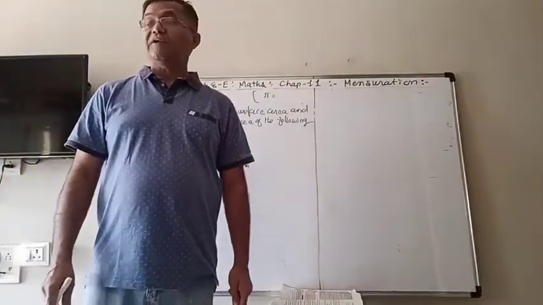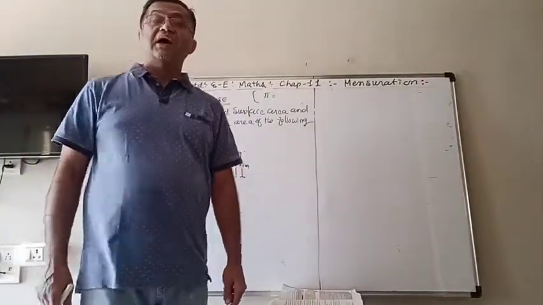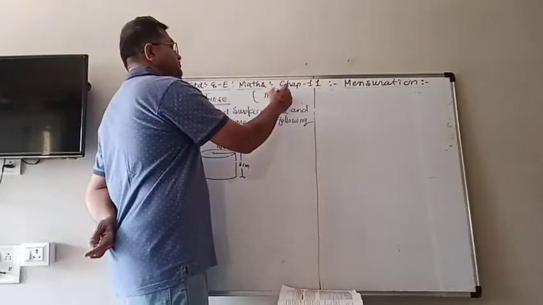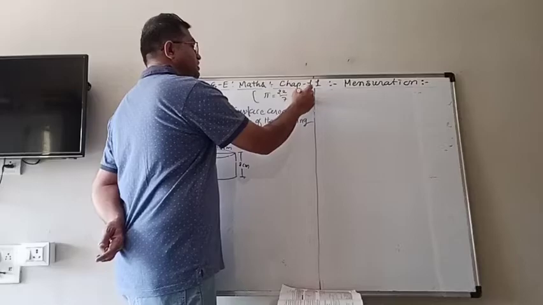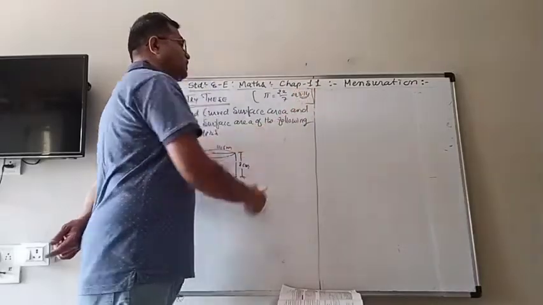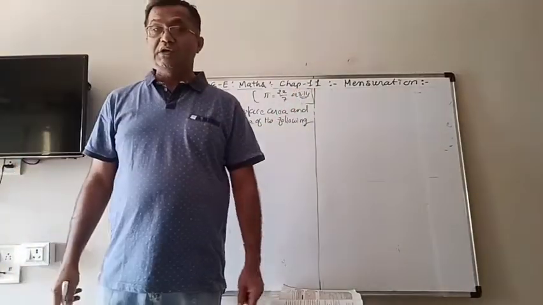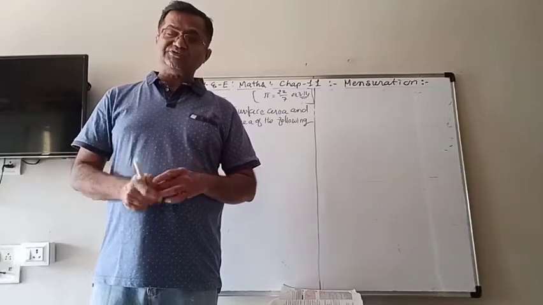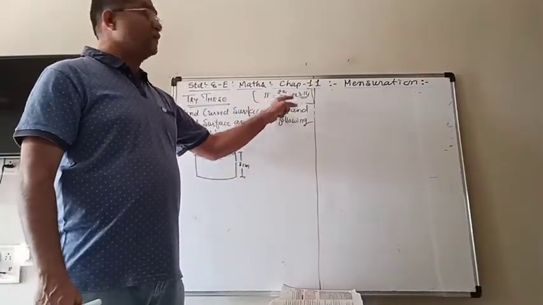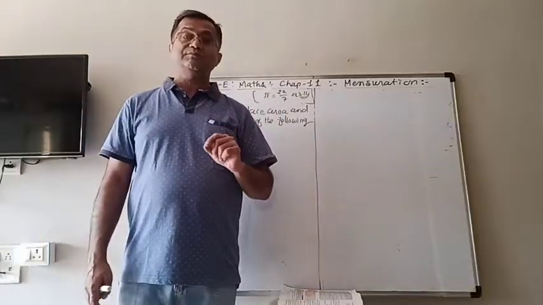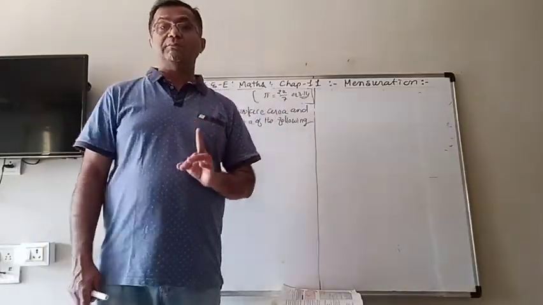The value of pi is taken as 22 upon 7, or only if it is stated, then you have to take 3.14. If nothing is specified, then we will take the value of pi as 22 upon 7. So you have to remember that.